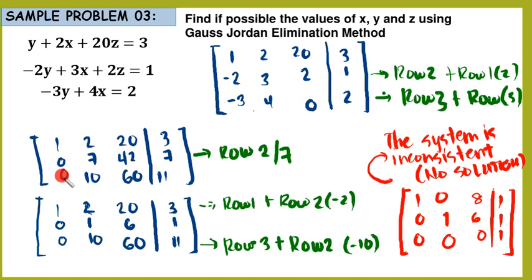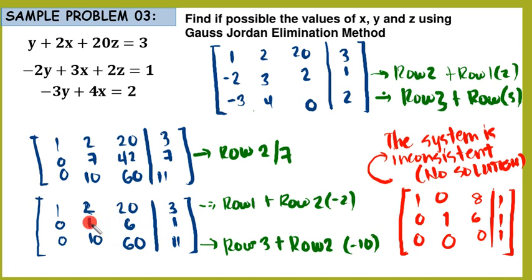Nagawa natin siyang 0. And then, next, gagawin natin itong 7 na equal to 1. So, para maging 1, we need to divide 7 doon sa ating row 2. This applies dito sa ating buong row 2. So, if we divide 7 sa row 2 natin, ito yung magiging resultant matrix natin.